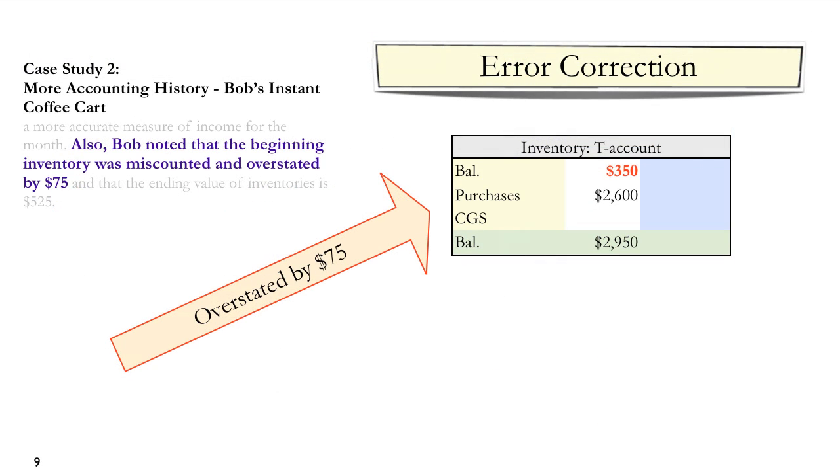An error correction occurs when a previously stated balance is determined to be incorrect. So let's assume, for example, that the opening balance in the inventory account of $350 was determined to be miscounted and overstated by $75.